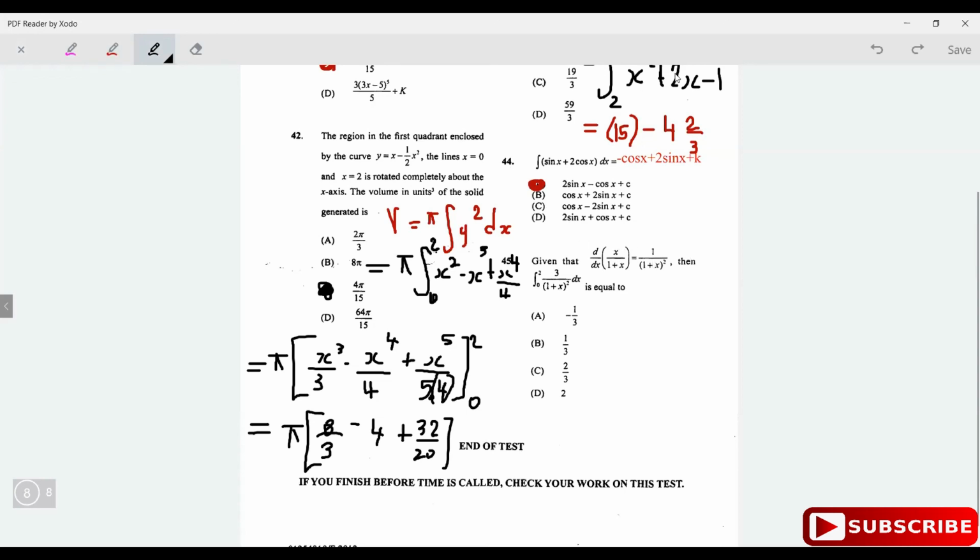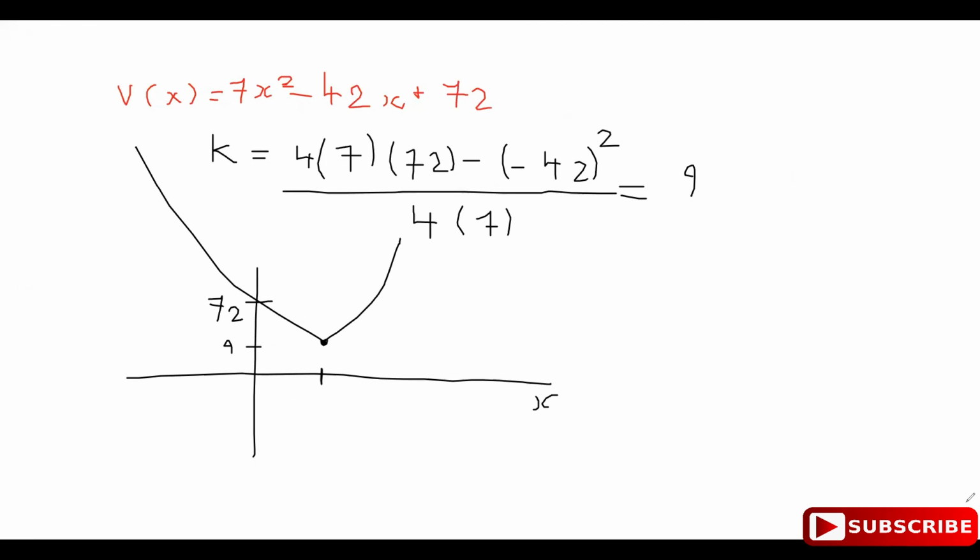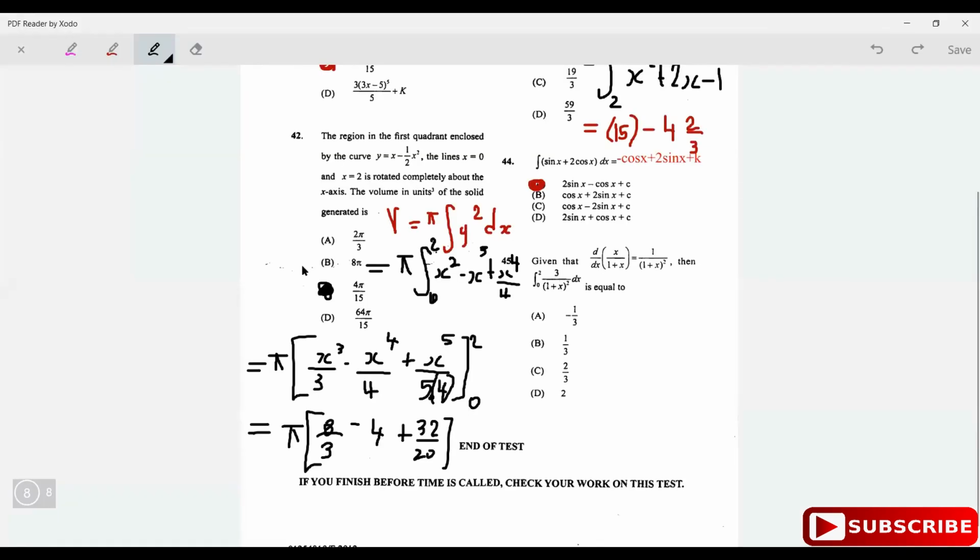I think I'll need some more space to do this, so let me go around here so it makes a lot of sense. This final question: they told us that d by dx of x over 1 plus x is 1 over 1 plus x squared.